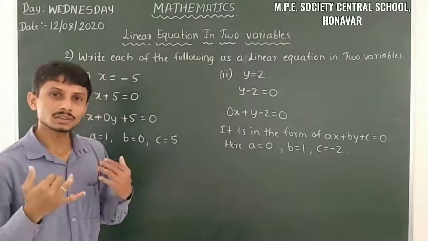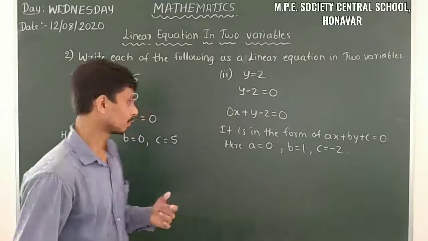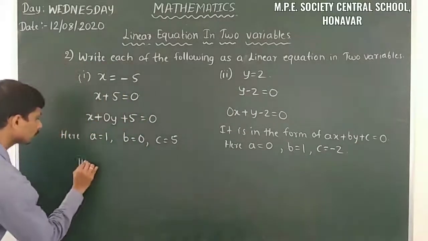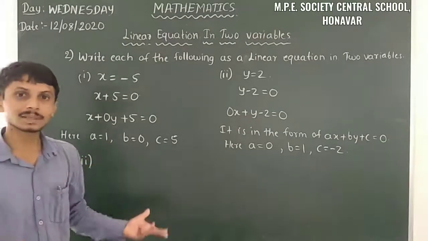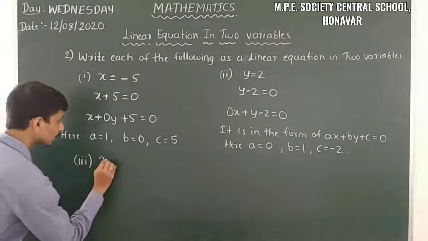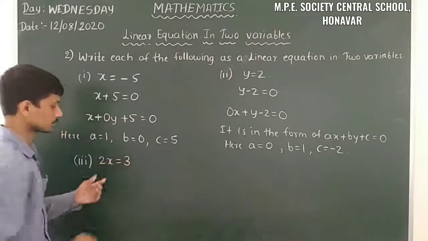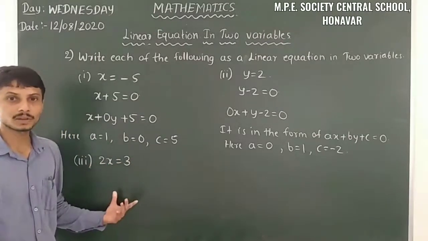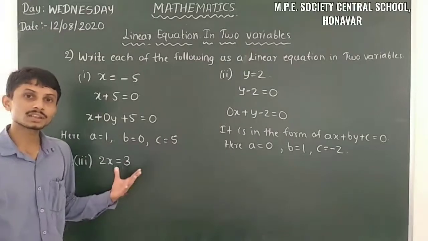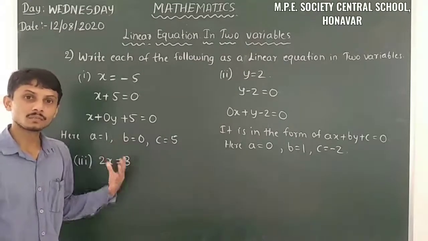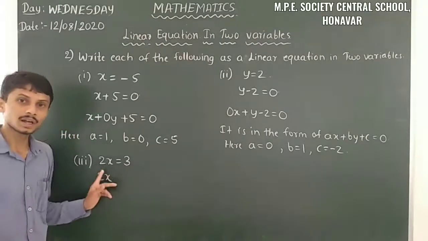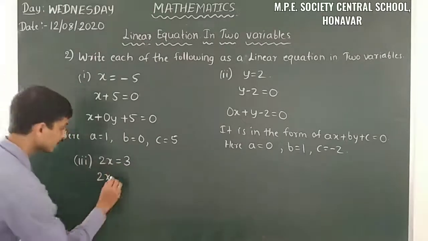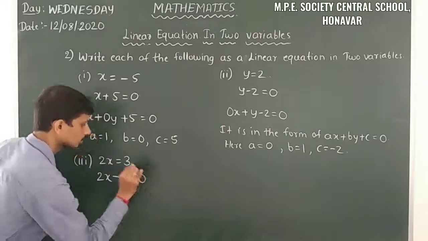So let us move on to the next problem, that is the third problem. Likewise we have to take it in a similar way, that is here 2x is equal to 3. 2x is here, the y term vanishes here, because the coefficient of y is 0. So I will transpose this 3 to the LHS side, it becomes 2x minus 3 is equal to 0.